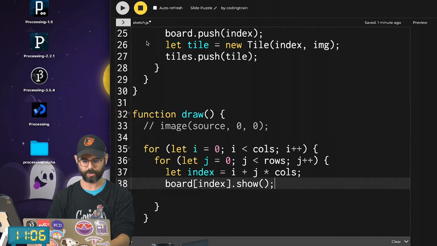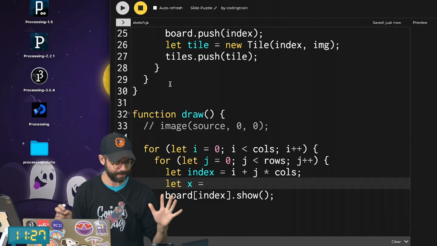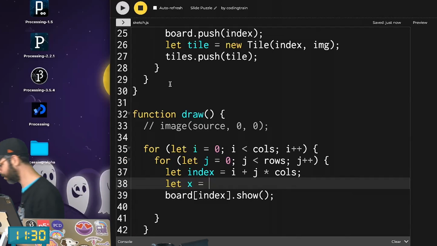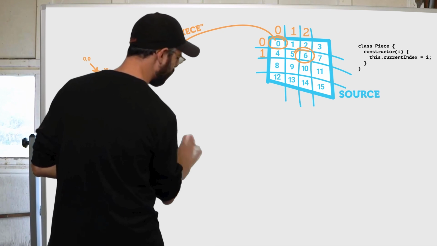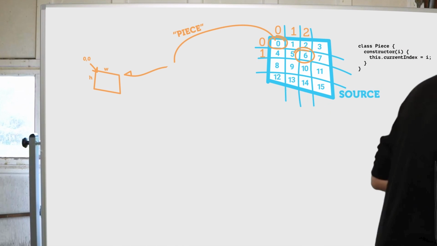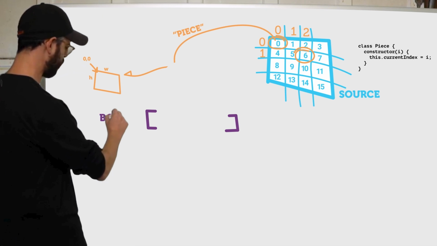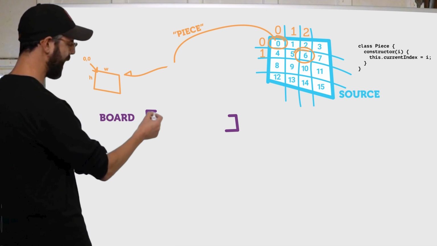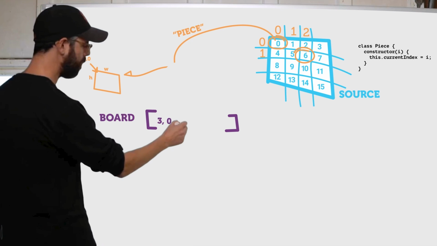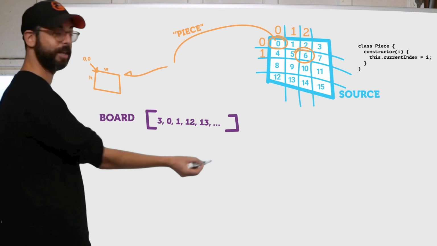Let me think about this for a second. Let me be a little bit more thoughtful here. I was trying to avoid using a two-dimensional array, but maybe that's silly. So I want to have this array, which I'm going to call board. And it'll be all of the numbers shuffled in random order.